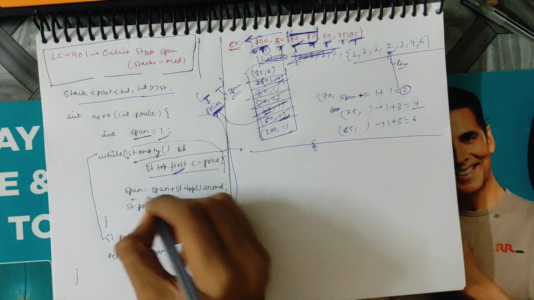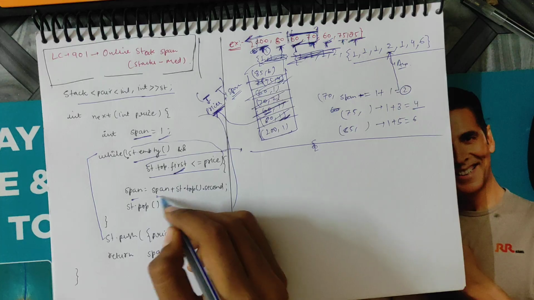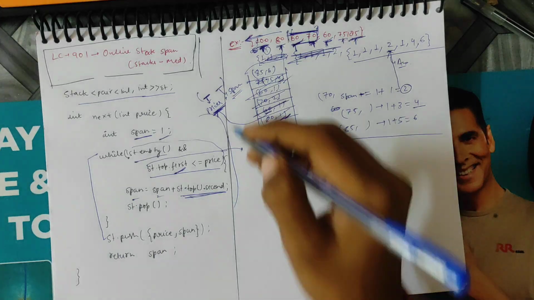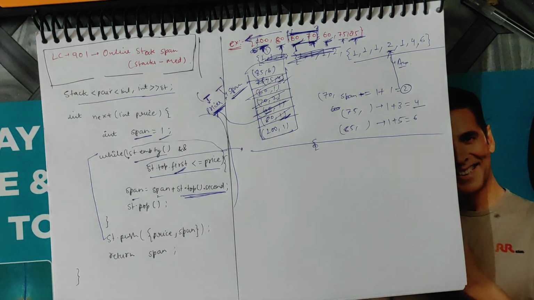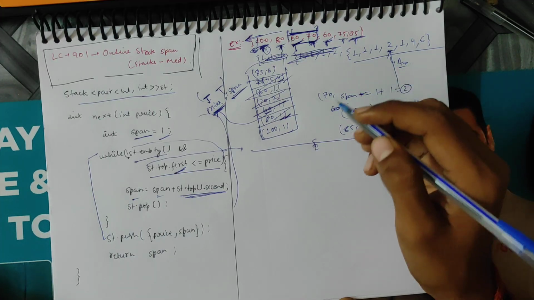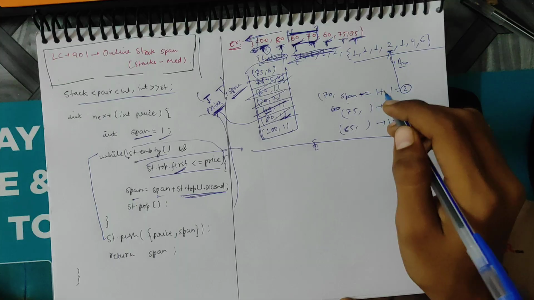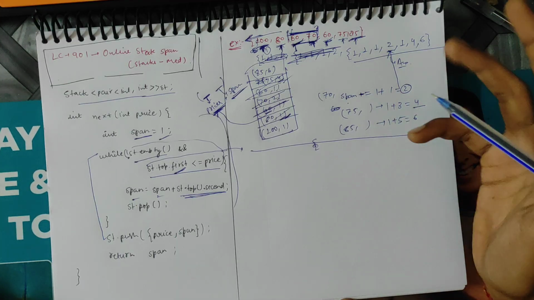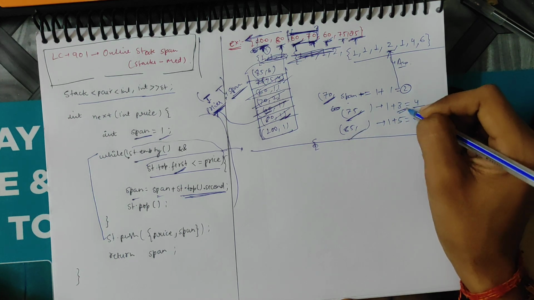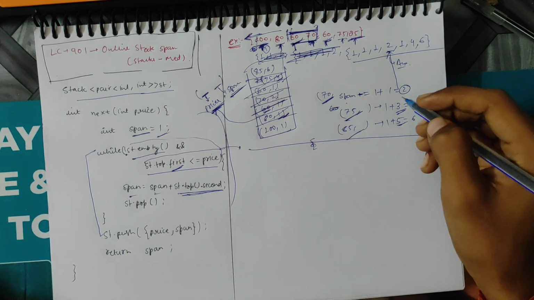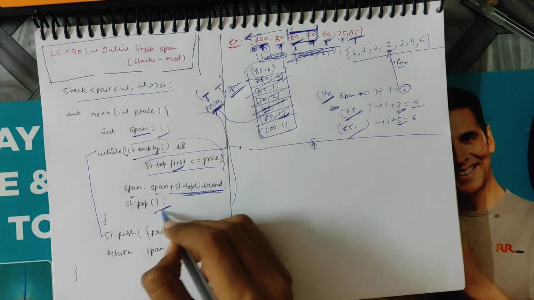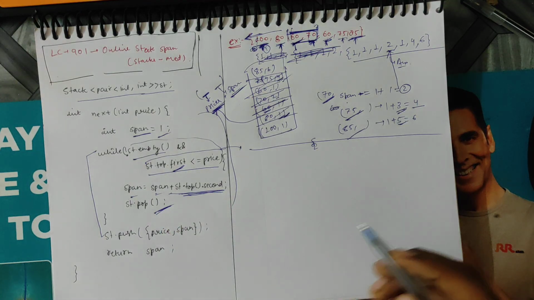Now span is span plus stack dot top dot second. What does this mean? This means that if any element is less than the current price, like we checked in the case of 70, 75, and 85, we keep adding the previous element's span after popping it out.